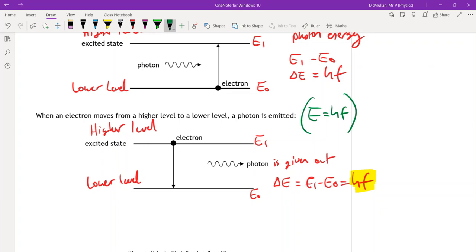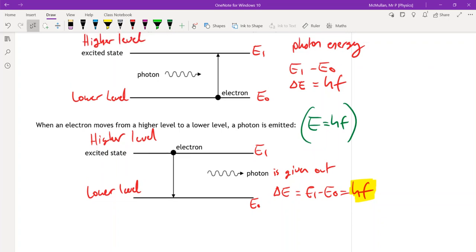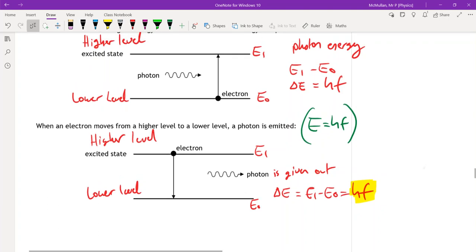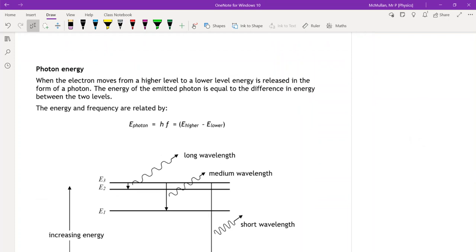So how do we get different colours of light? It's all based on different energies being given out and absorbed. If I want a high frequency, I will need a different amount of energy to a low frequency colour, or wavelength, to be emitted. When the electron moves from a high energy level to a low energy level, this is just what we were saying. Energy is released in the form of a photon, and you can think of that photon as what we mean by light.